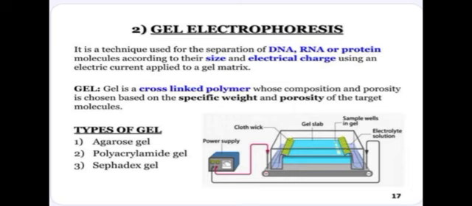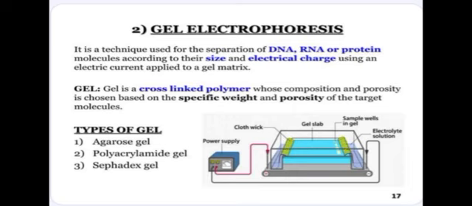This technique is used for the separation of DNA, RNA or protein molecules according to molecular size and electric charge, using an electric current applied to the gel matrix. What is gel? Gel is a cross-linked polymer whose composition and porosity is chosen based on the specific weight and porosity of the target molecules.